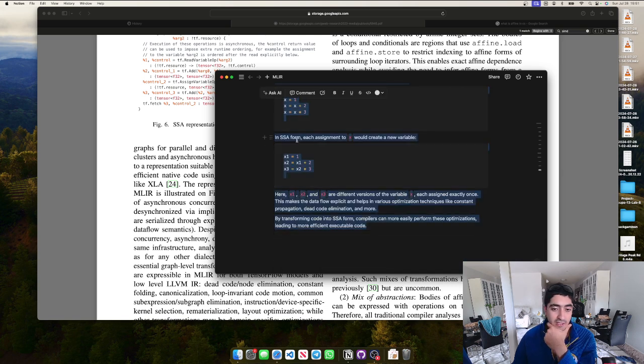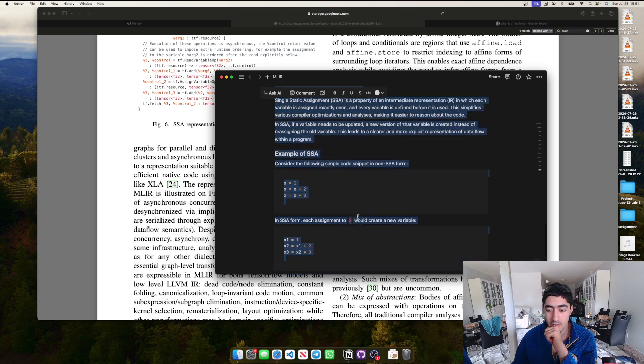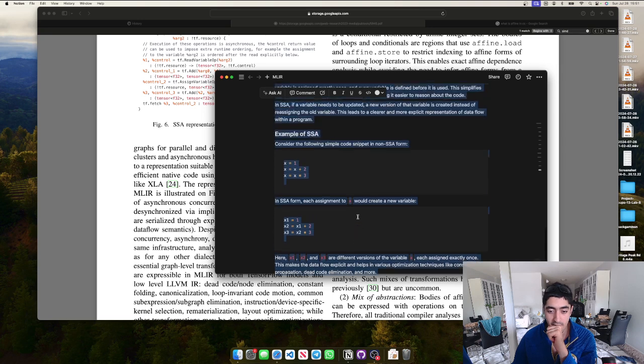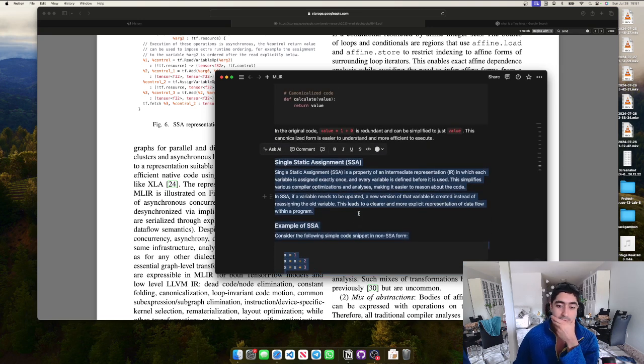So in SSA form, each assignment to x would create a new variable. Here, x1, x2, and x3 are different versions of the variable x, each assigned exactly once. This makes the data flow explicit and helps in various optimization techniques like constant propagation, dead code elimination, and more. By transforming code into SSA form, compilers can more easily perform these operations, leading to more efficient executable code.